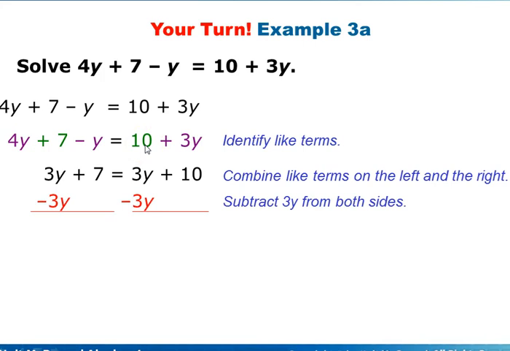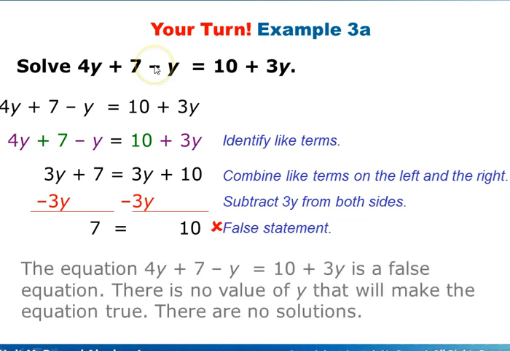And then subtracting 3y on both sides, my y disappears, my variable disappears, and we end up with 7 is equal to 10, which is not true. So this equation has no solution. So the original equation has no solution.